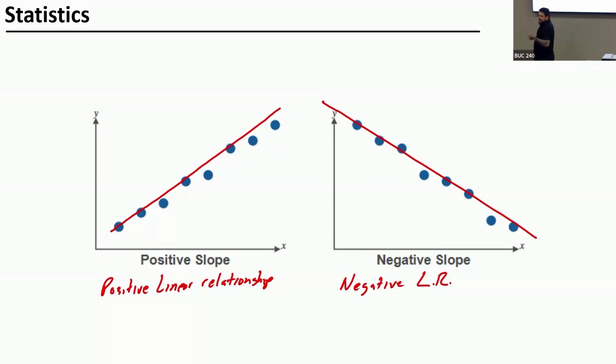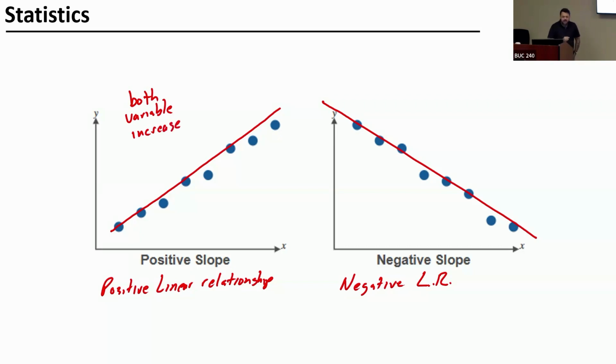Think about that as a constant of variation, whenever you learned that back in intermediate. There is a direct relationship to these things. As one goes up, the other goes up, so both variables increase.